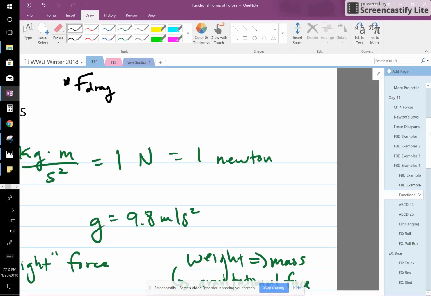F drag actually has two different possible equations. It depends on your situation which one is most appropriate. The one that your book explores is kind of big and nasty looking. It looks like 1/4 times C sub D times rho times A times v squared.